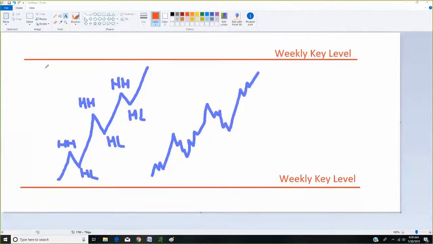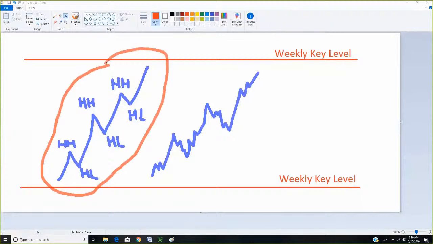We wish the market gave us clean structure, but you and I both know it doesn't always look like that. So this right here is still higher highs and higher lows. It's got a lot of little corrections in the middle, but in the grand scheme of things, it's still working its way up.